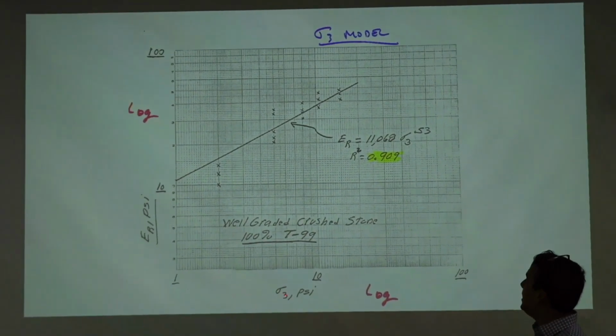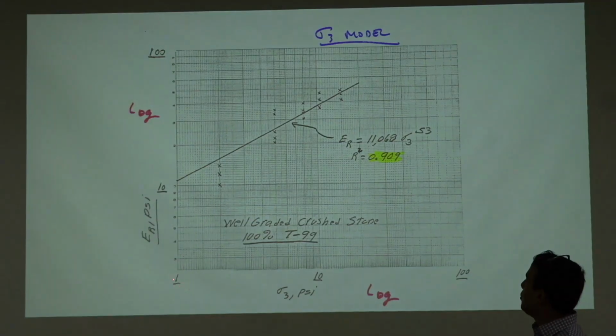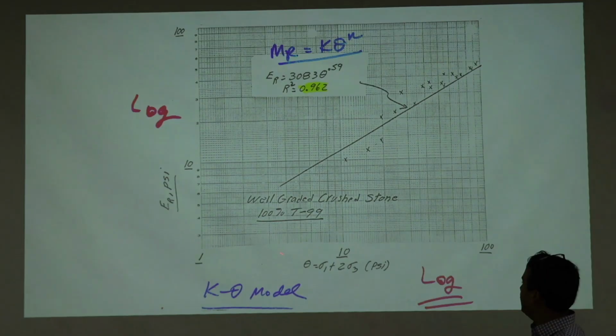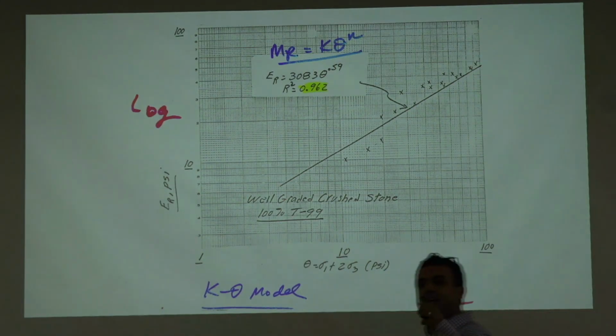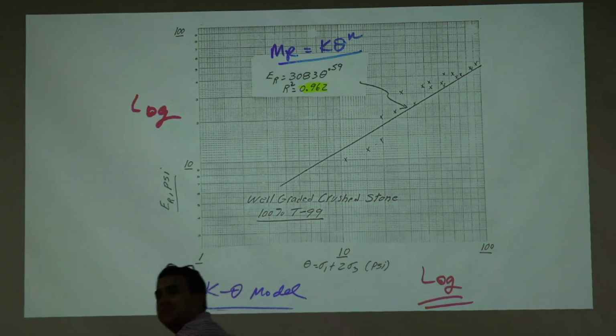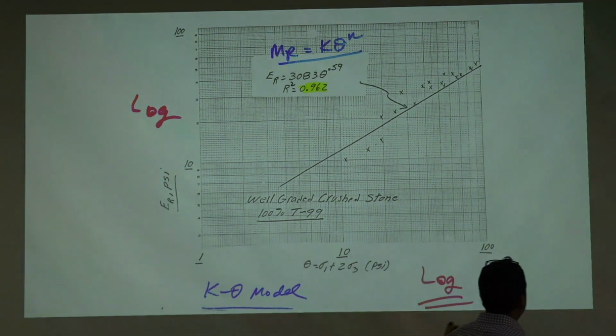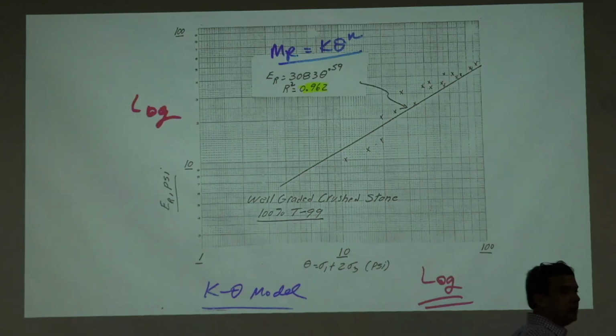This is sigma 3, and you're talking about 1 psi of sigma 3. It's a log scale, but it's 1 psi, and the minimum theta you are applying is probably about 4, 5 or 6, because theta is sigma d plus 3 sigma 3. So you're already on the right hand side. Good catch, but it's just the nature of the values, nothing special. Are we good on this one?